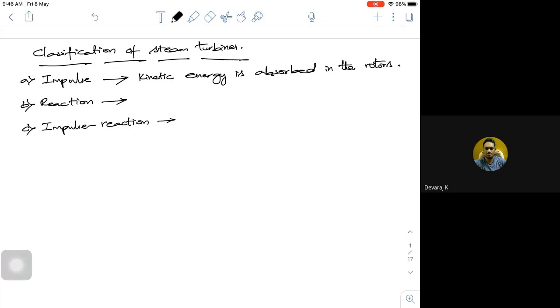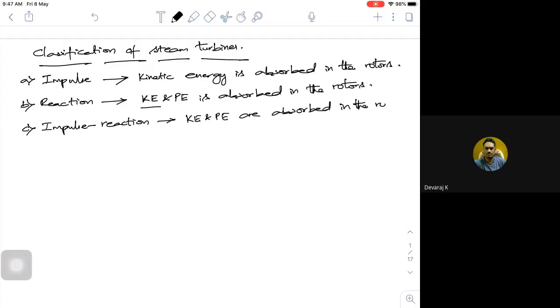If kinetic energy and potential energy both are absorbed, where the kinetic energy may be small and the potential energy is a little bit bigger, absorbed in the rotor, it is called a reaction turbine. In impulse and reaction combined, equal quantities of kinetic energy and potential energy are absorbed in the rotor.